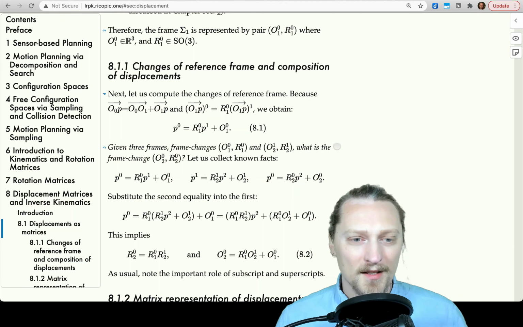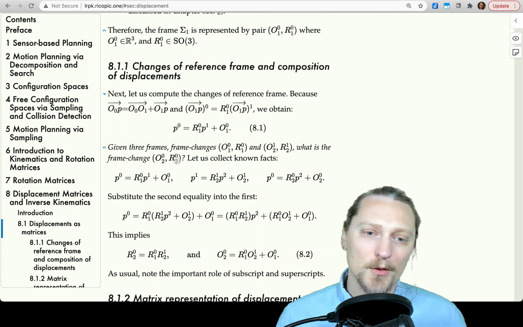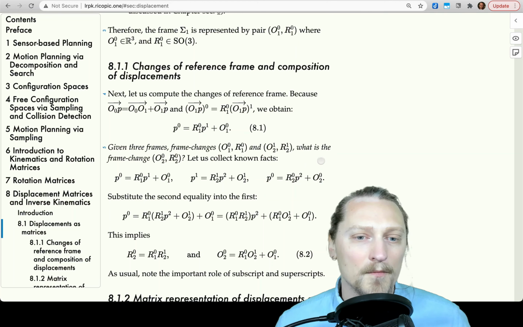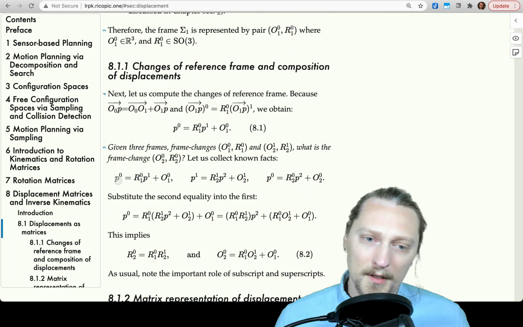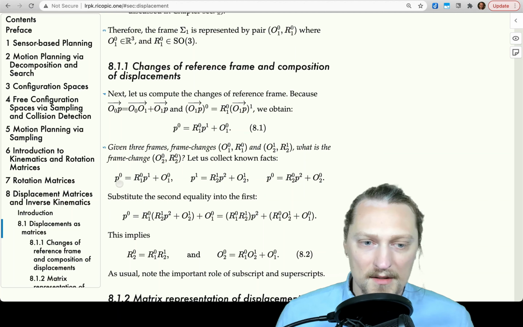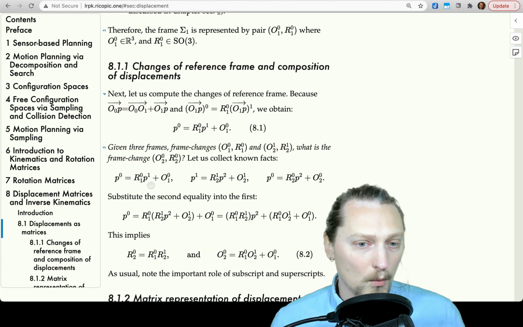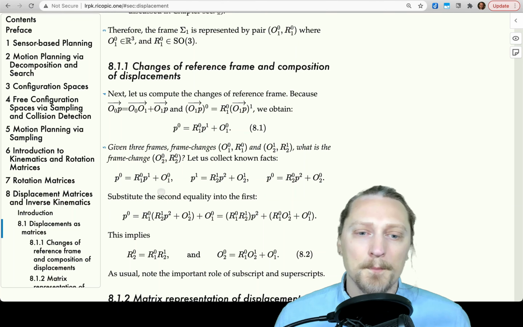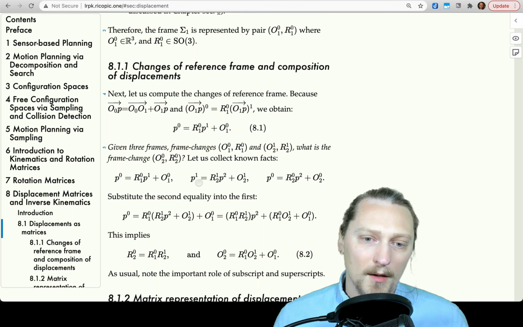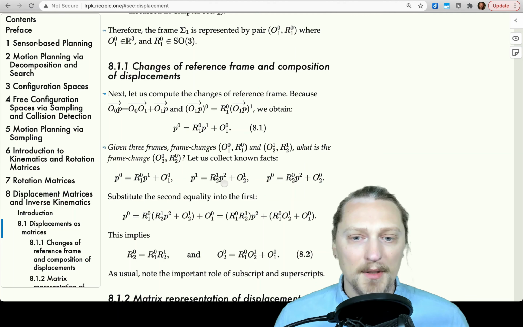what is the frame change O2 to 0, R2 to 0? Let us collect known facts. So we have this fact about how to write point 0 in terms of point P1 and the difference in the origin and the rotation. And we can do the same thing with P1 relative to P2.